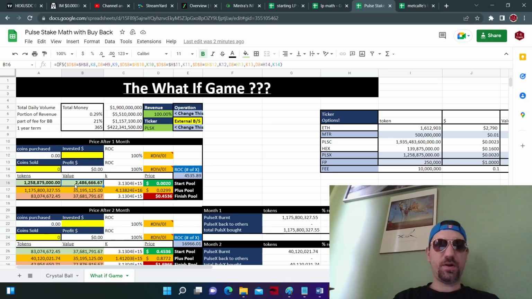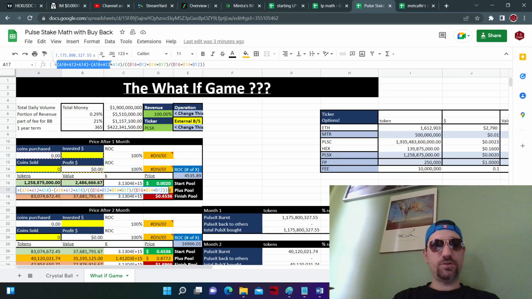Once I have the starting LP size based on which project I've selected, it calculates the K number, and then we have the price. So great, now that I have a theoretical liquidity pool to start with, this is where the chaos starts. This was simple on the one side to put in the value, but for me to figure out the tokens, do you see the equation that I had to build for relations in order to get this to pump all the numbers in?